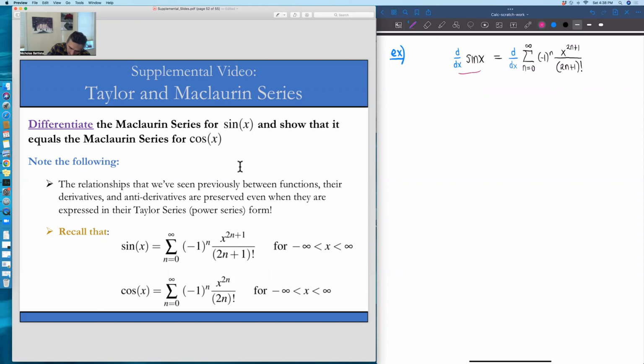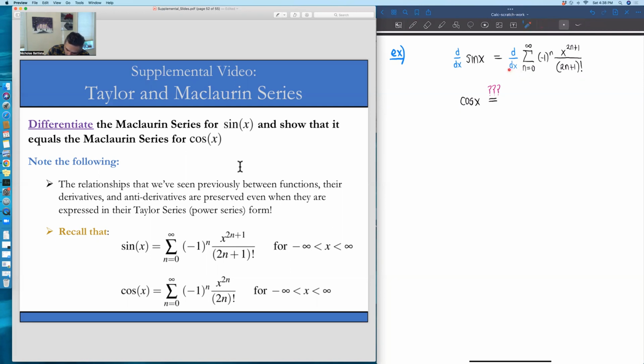So on this left-hand side, we know from calculus A that the derivative of sine is equal to the positive cosine of x. And what we're hoping to show is that when we differentiate that right-hand side power series, or Maclaurin series for sine, we get the Maclaurin series for cosine popping out. So let's see what happens.